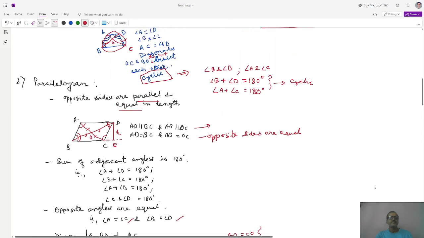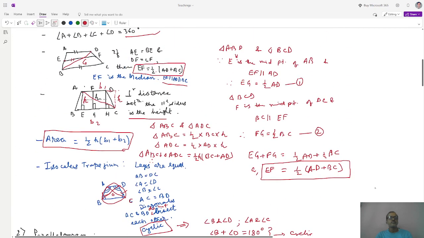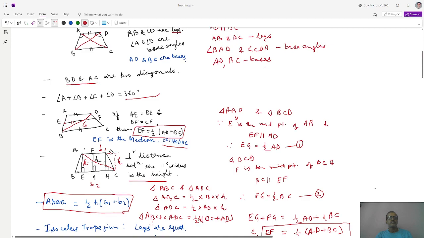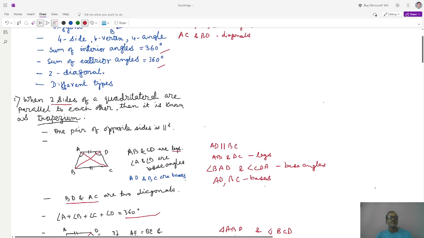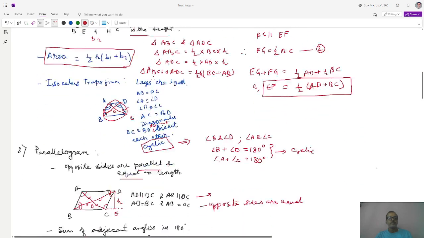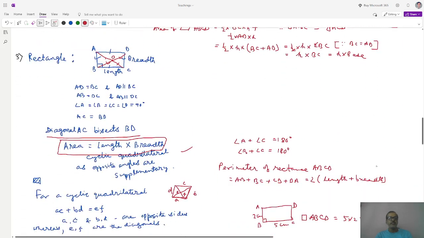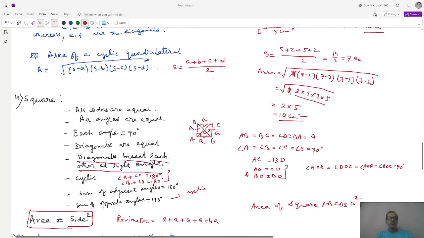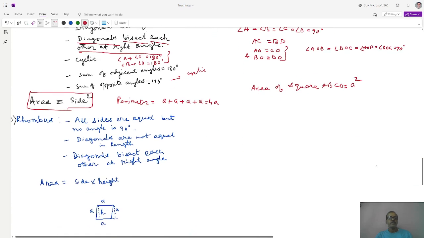Okay. Perimeter is nothing but the sum total of all sides.